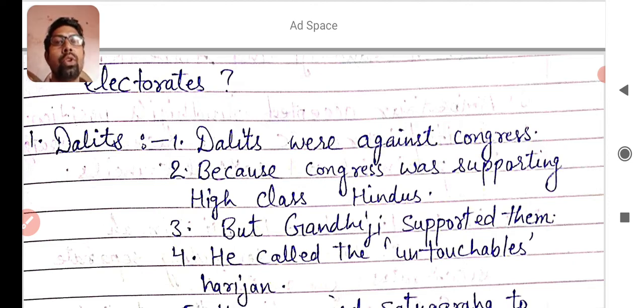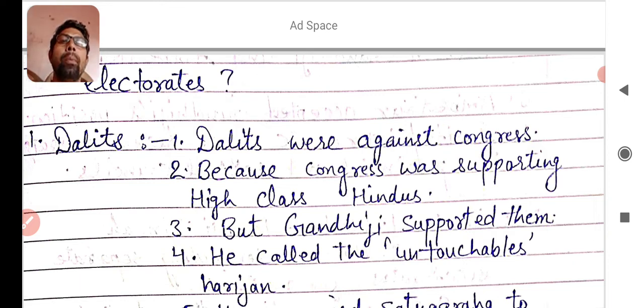Now the major question in your mind: why were they against Congress? Because they thought that Congress was supporting high class Hindus, meaning general people. That's why they were annoyed with Congress.